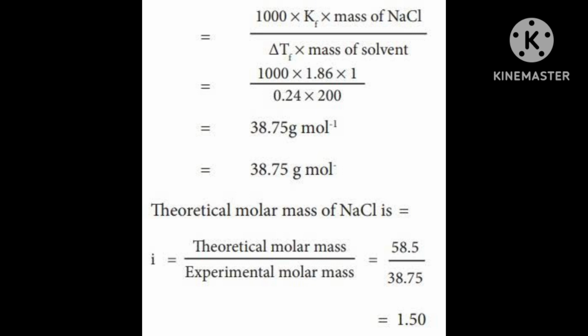Then now here you have to calculate percentage association. Now you remember equilibrium chapter. There, generally in association, 2 mole is becoming 1 mole. 2 mole is becoming 1 mole.